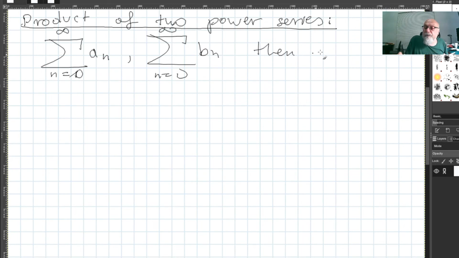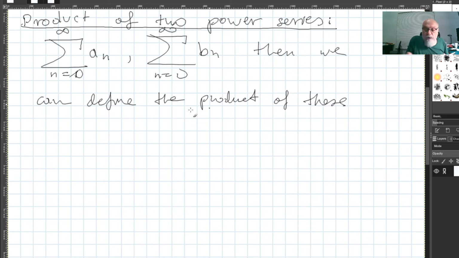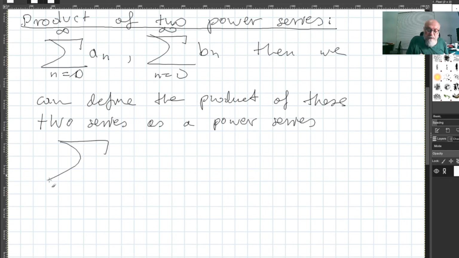Then we can define the product series of these two series as a power series and write it down like this. The sum from n equal 1 to infinity, this will be c_n, which will be equal exactly to the following.